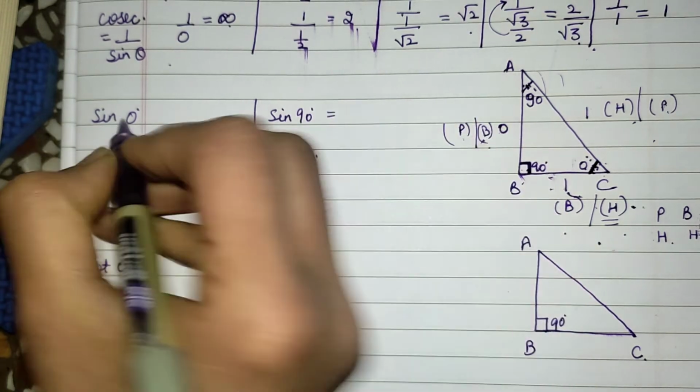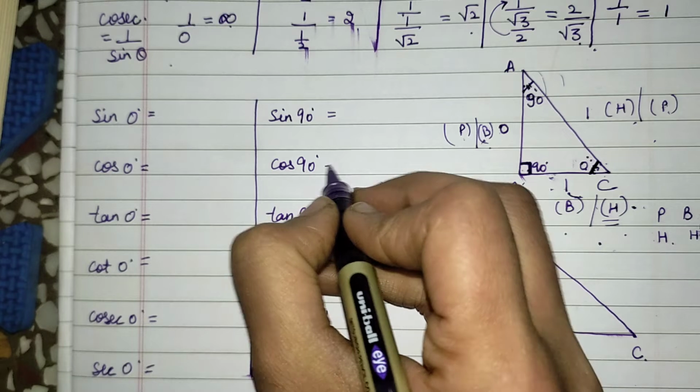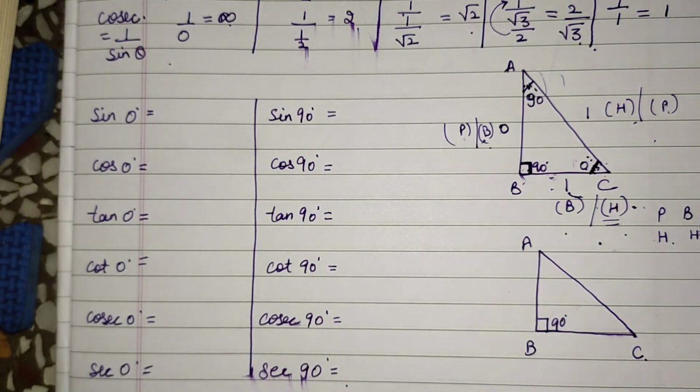Okay, so see, what is the formula? How will I find out both the values? By using this very simple diagram. It is going to save you a lot of time in your exam.